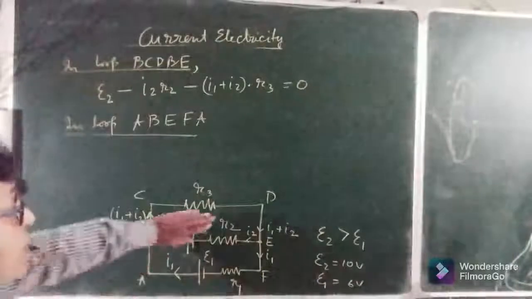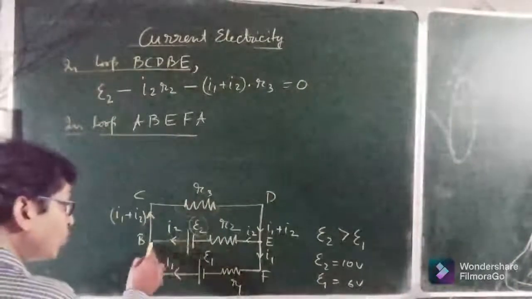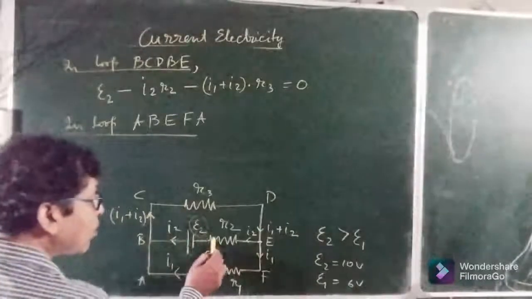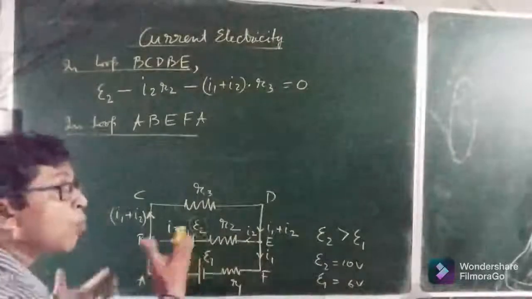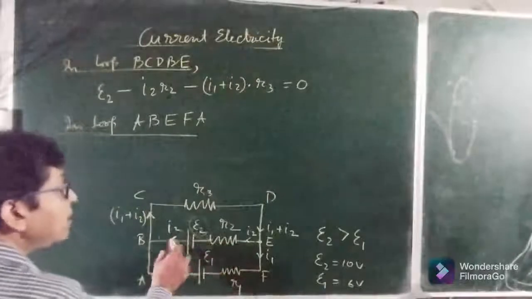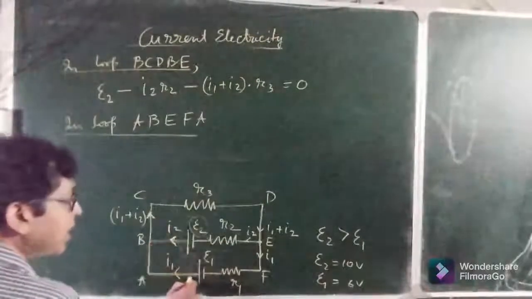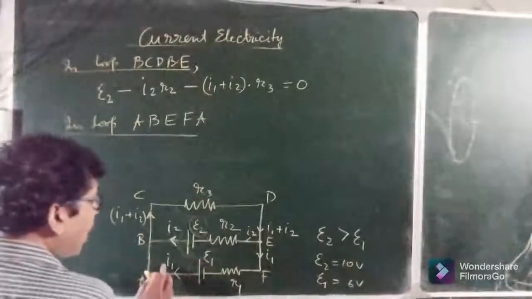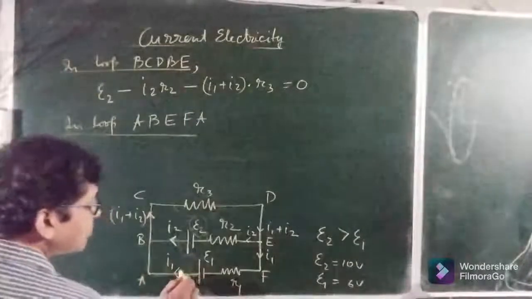Since you are not considering this loop, this current has to move this way and this current has to move this way. But since this source is more than this source, this current is stronger than this current, so it will dominate. As a result, in the practical situation, the direction of I1 will be reversed.